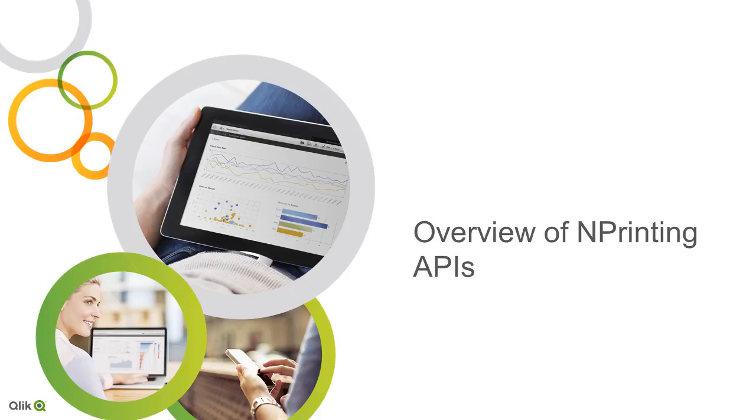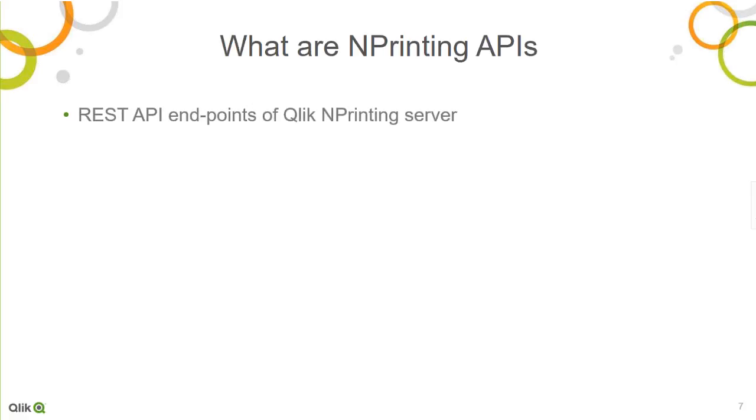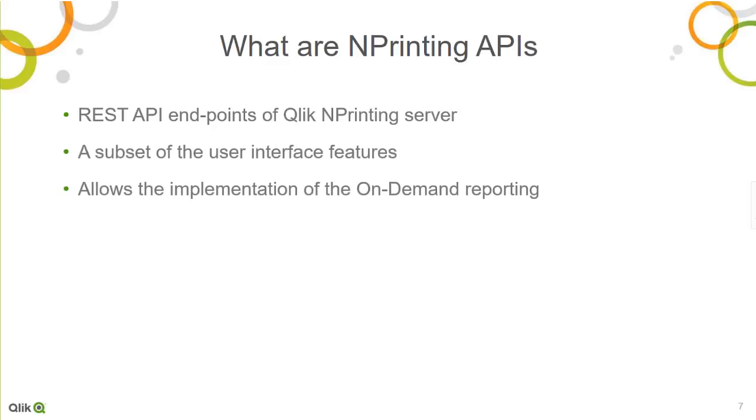All right, let's have a look at the overview of NPrinting. So what are the NPrinting APIs? Qlik NPrinting APIs are a bunch of REST API endpoints exposed by the Qlik NPrinting server. They enable external programs to implement a subset of NPrinting features, such as some administrative functions, and also create on-demand reports.